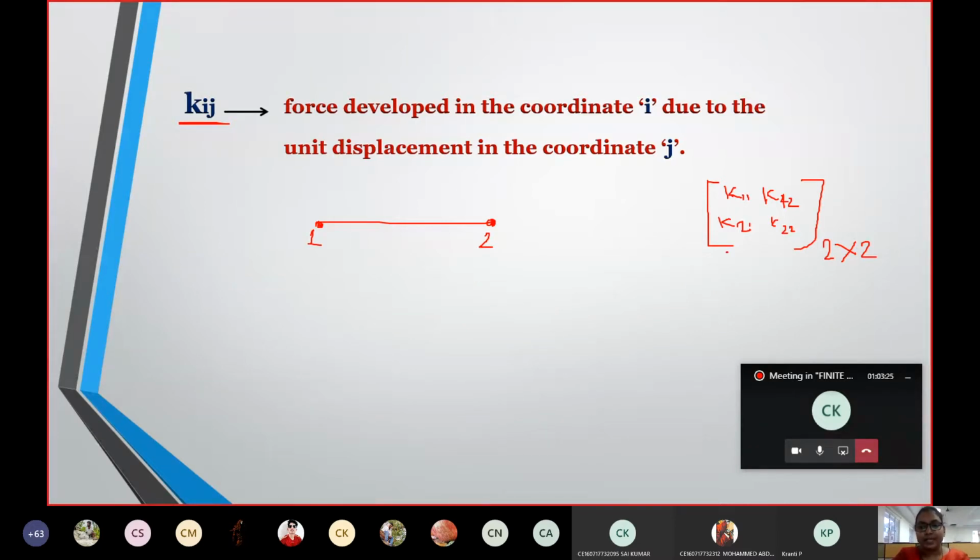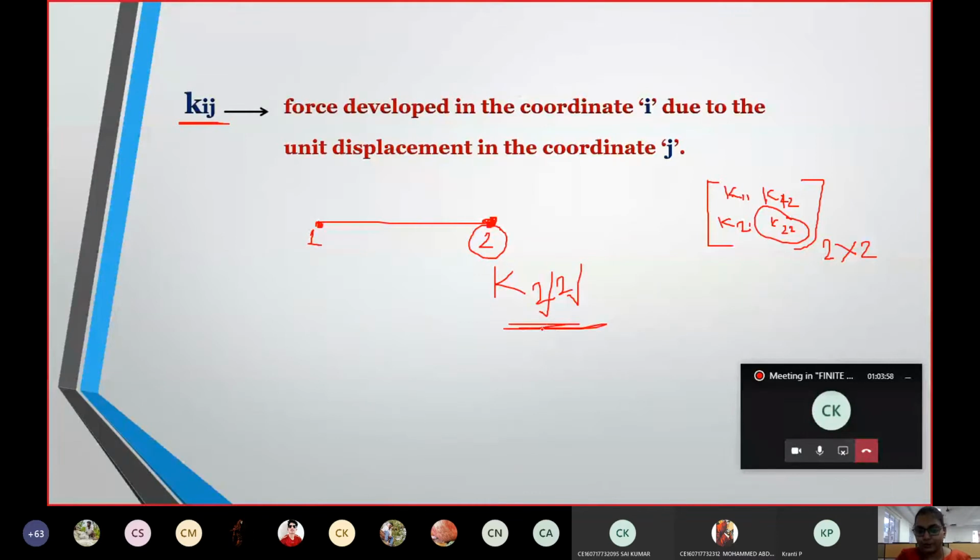If I need these terms, I need to understand what the elements are. Suppose I take K22. Kij, both are different; this term is like Kjj. I'm applying at 2 and I want the force at 2. I'm applying unit displacement at coordinate 2 and trying to know the force produced at 2 itself due to the applied unit displacement.